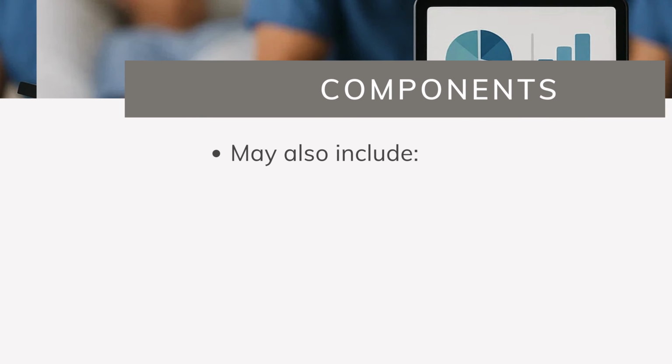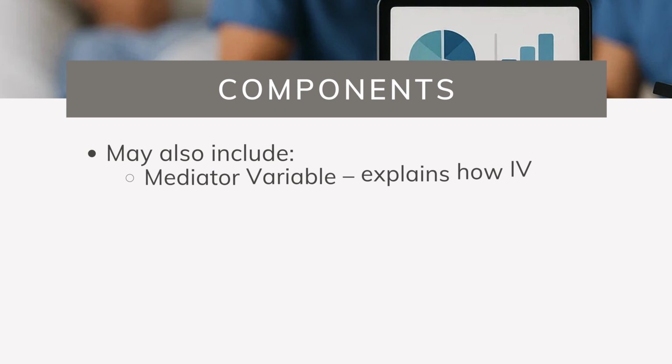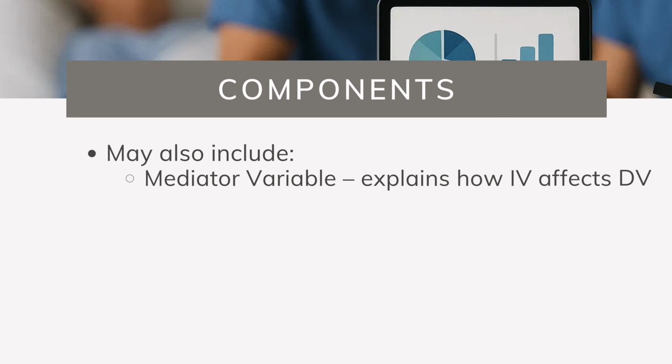Besides the independent and the dependent variables, some studies may include additional types of variables that further explain or influence the relationship. Let us explore what those are. We have the mediator variable.